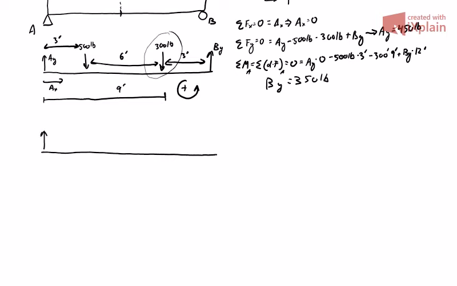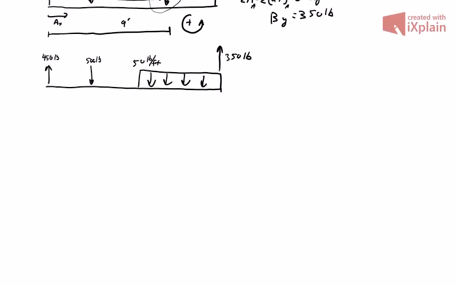I have my A sub y, 450 pounds, my downward 500 pounds, then my distributed load, 50 pounds per foot, and then all the way on the right side, my upward 350 pounds for B sub y.